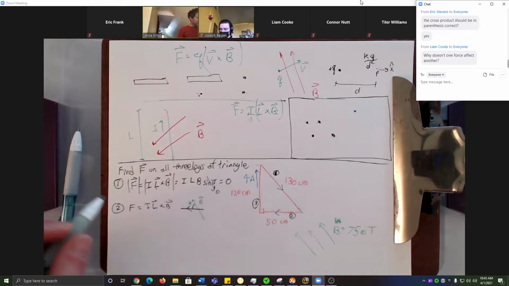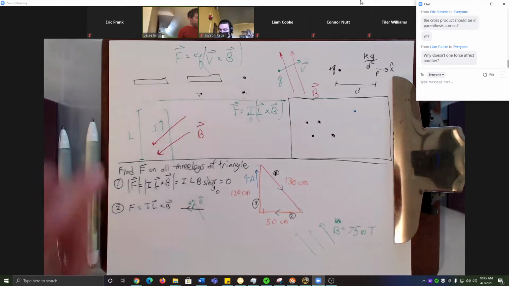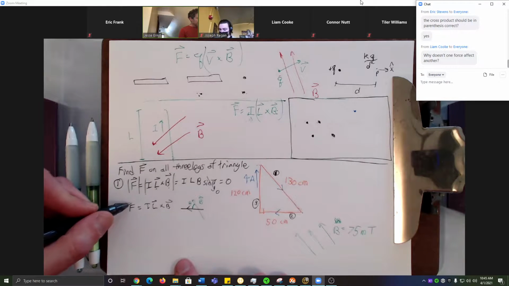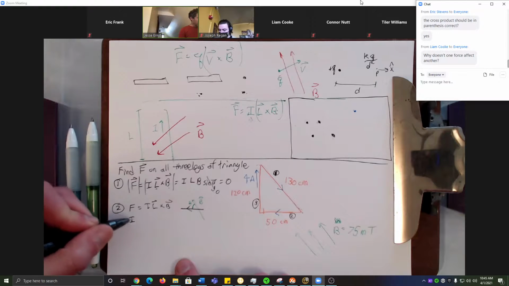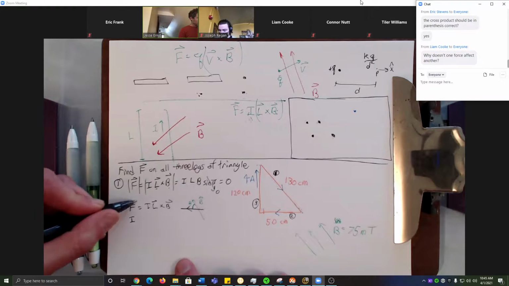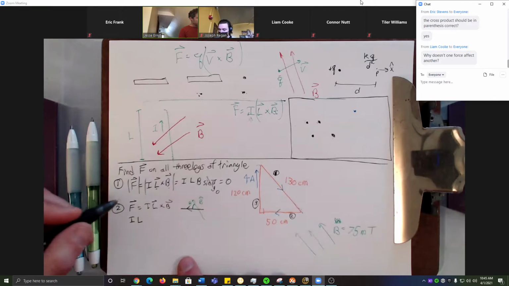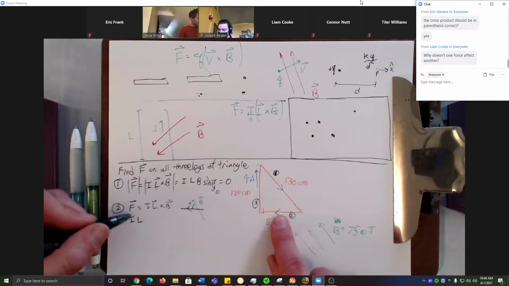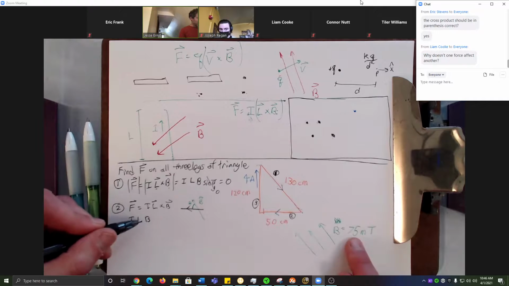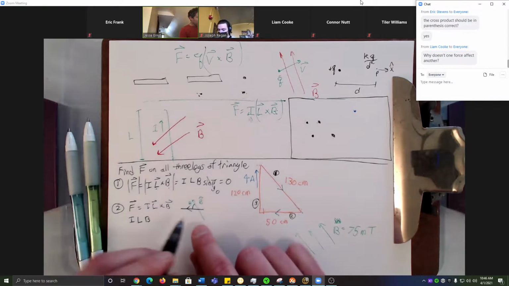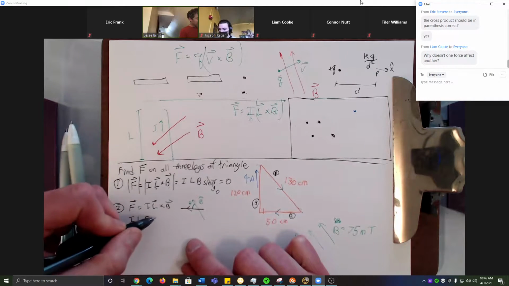that angle theta. So the magnitude of the force will be I times L, times B, the strength of the magnetic field, times sine of this angle.